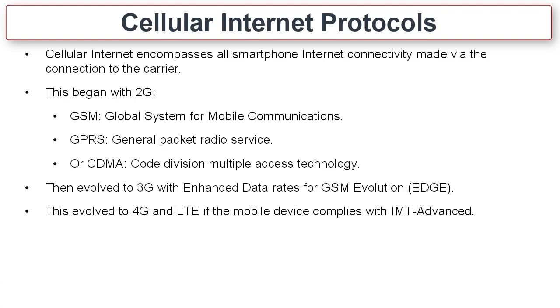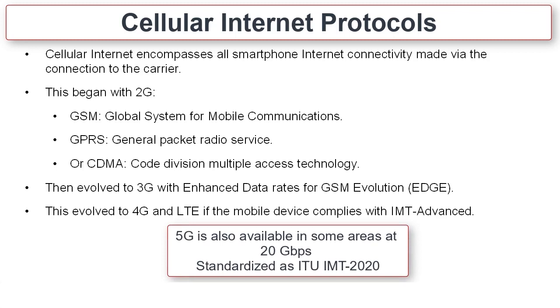And so you can get speeds of upwards of 50 to 100 megabits per second, depending on your connection. Typically, I'll get about 30 megabits per second, and I'm pretty close to a radio tower, and that's a 4G LTE connection. 5G is also available in some areas at 20 gigabits per second, standardized as ITU IMT-2020.